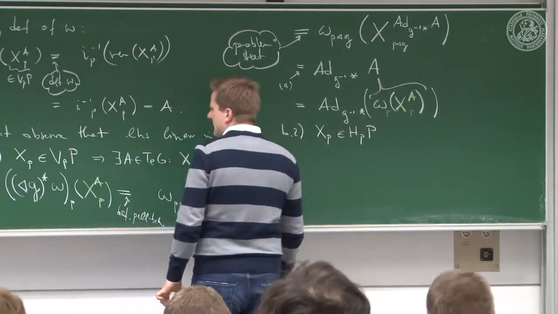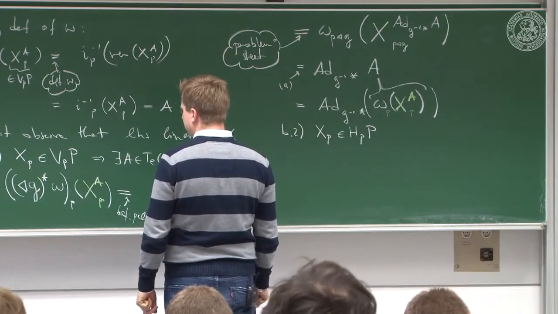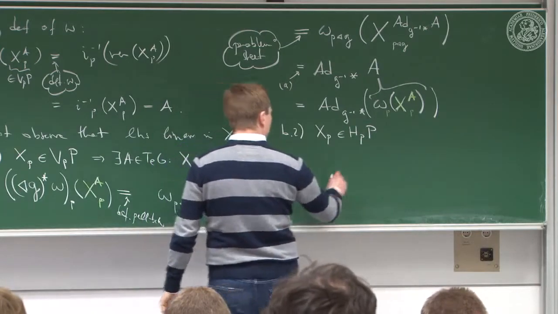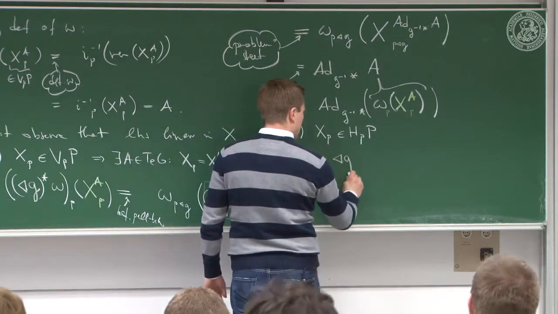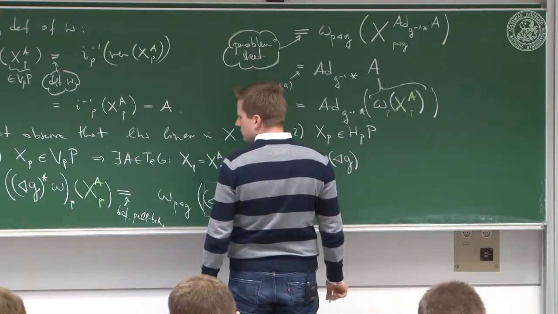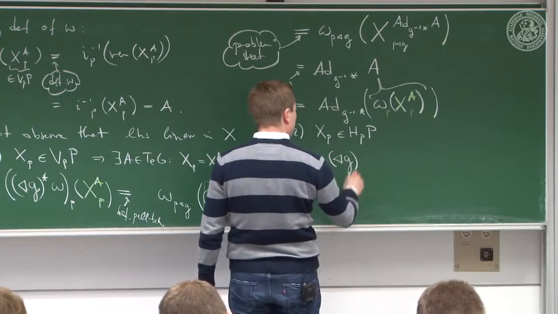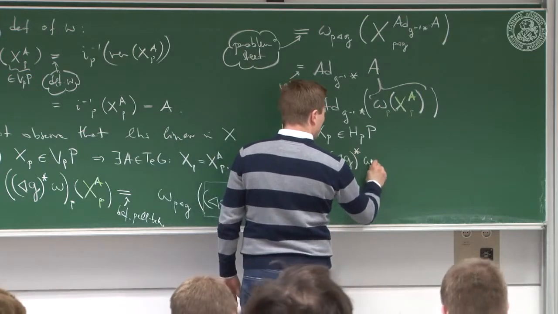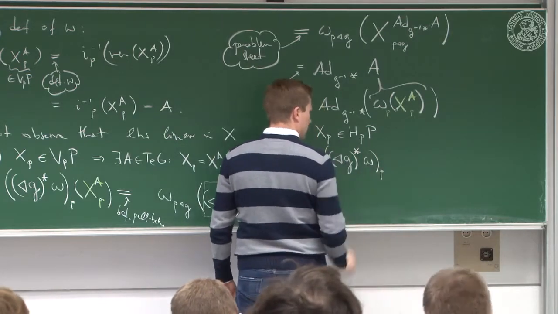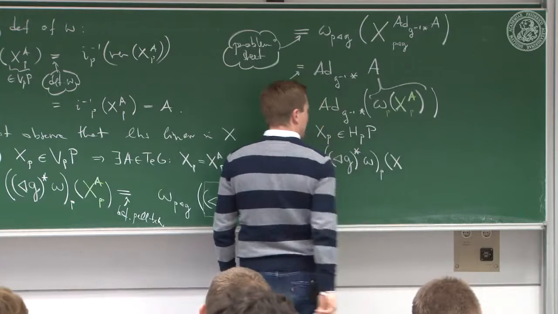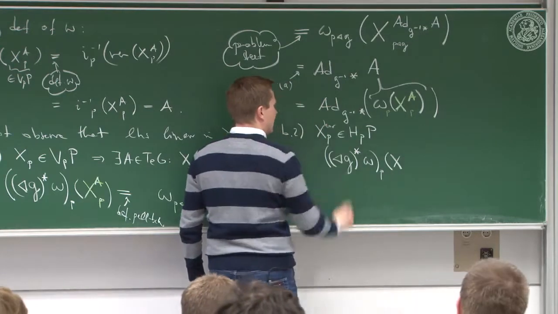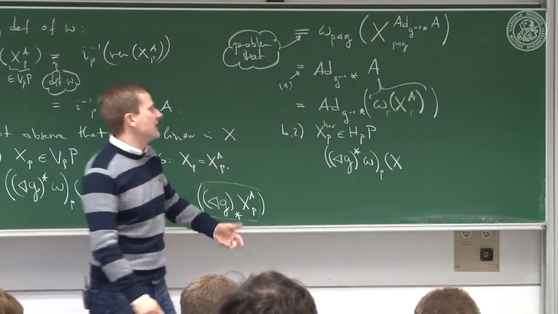And now we look at the same thing again. We study the pullback of omega at the point P, but now we apply it to this guy, so I call this x hor to emphasize it's horizontal.